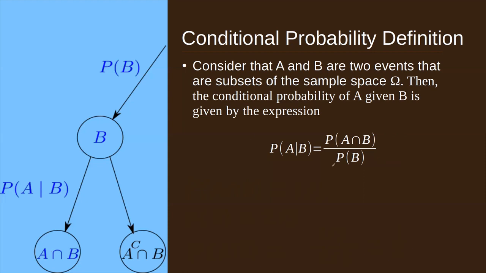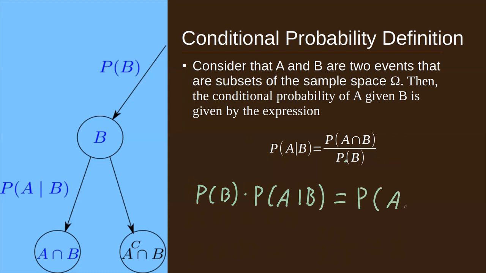So let's look at this equation and just multiply both sides with P of B. Then we get that P of B times P of A given B is equal to the probability of A intersected with B, which is exactly what we see in this figure here on the left. And quite often, if you have a very complicated chain of relationships between probabilities, you use trees like this in order to figure out what the computation is going to look like. But really, this is just a re-illustration of the definition of the conditional probability.